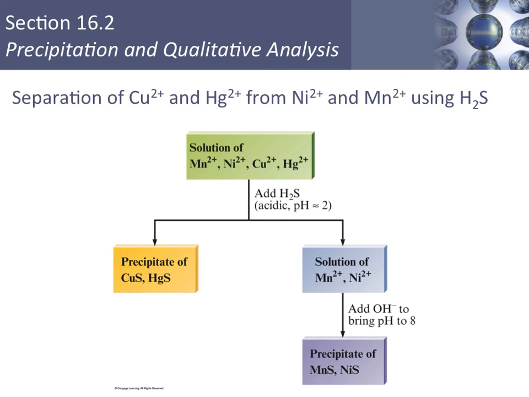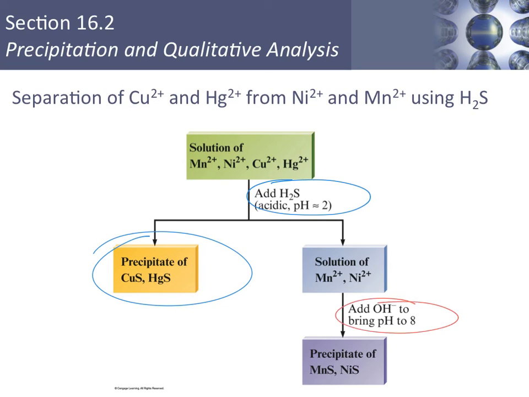This diagram shows what was just discussed. Having an acidic environment creates a lower concentration of sulfide ion, and so then the less soluble precipitates are formed, and then making the solution basic produces more sulfide ion, and the more soluble precipitates are formed.